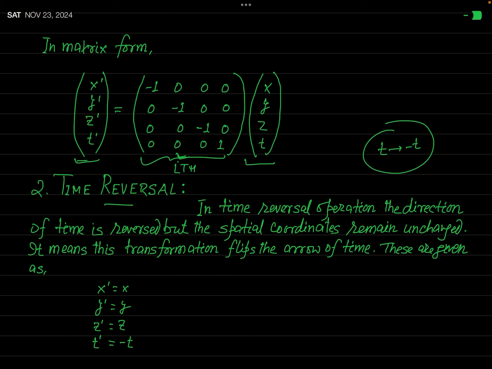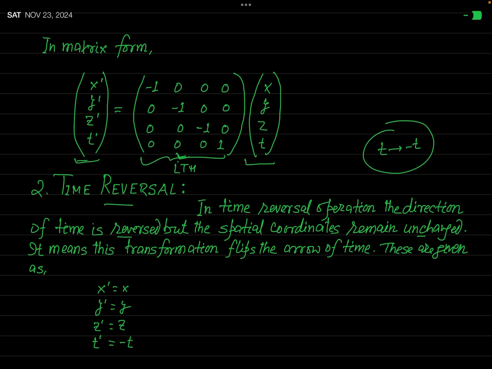This is a very remarkable fact. In time reversal operation, velocity changes its sign, whereas the position coordinate is not affected. So, I have mentioned here that in time reversal operation, the direction of time is reversed, but the spatial coordinates remain unchanged.